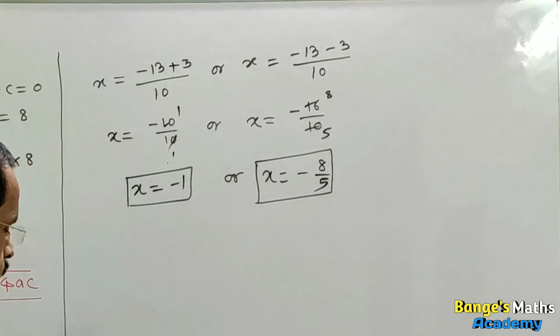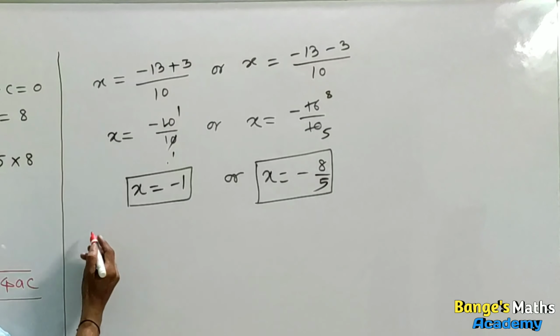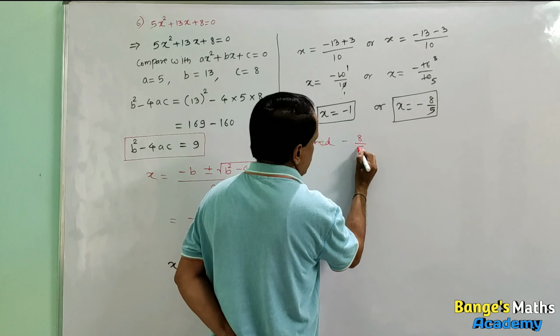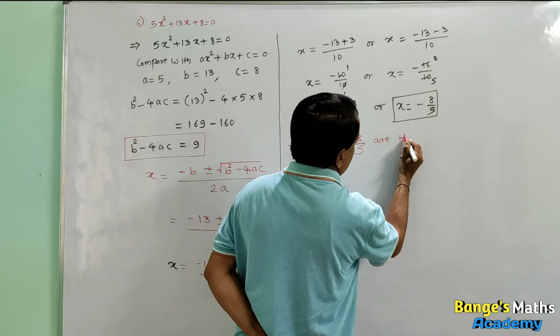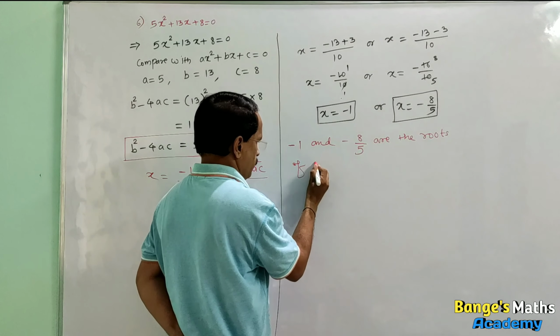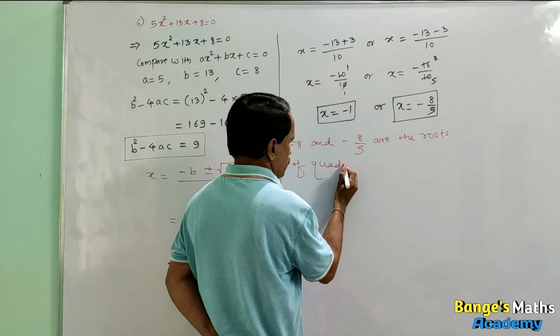So we get minus 1 and minus 8 upon 5 as the roots of the quadratic equation.